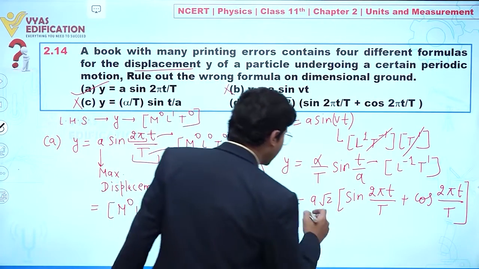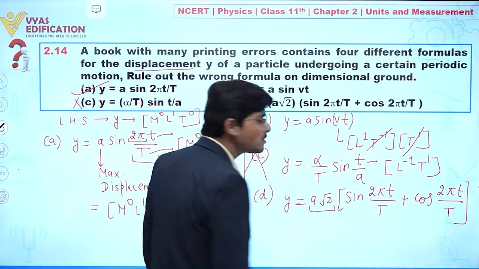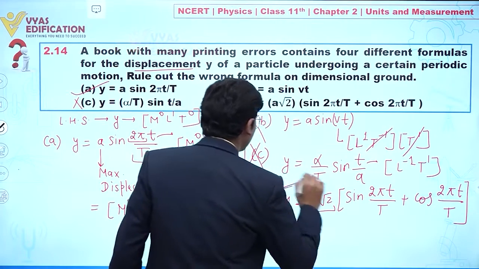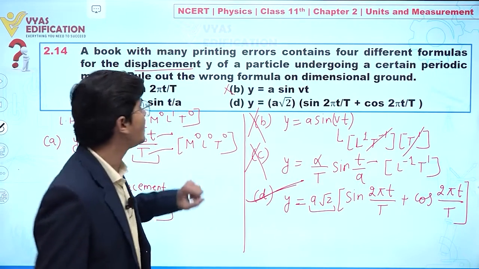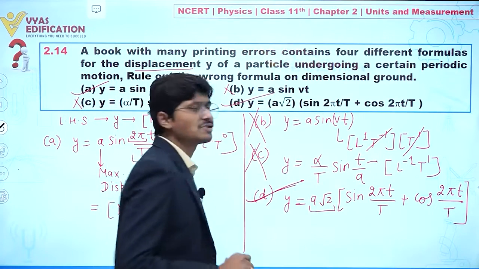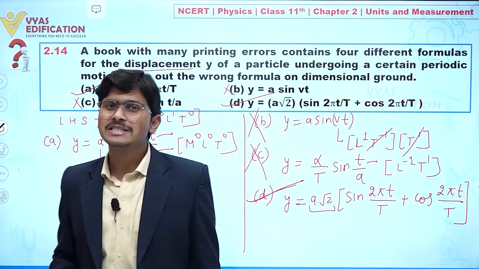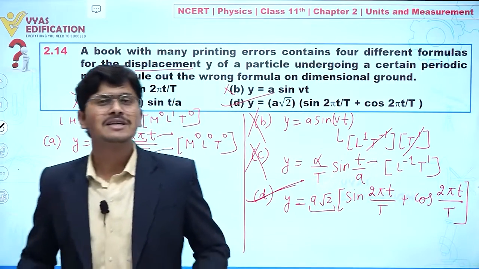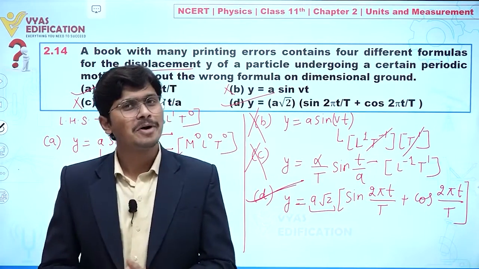Root 2 is dimensionless, and a has dimension L1. It means this D relation is also correct. So out of 4 relations, 2 are correct and 2 are wrong according to dimensional analysis. So this is all about this question.